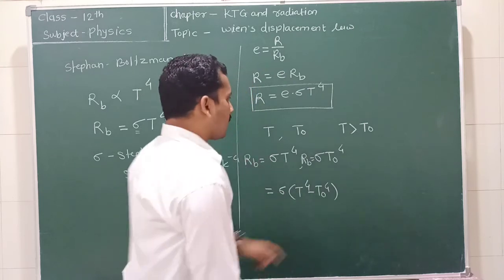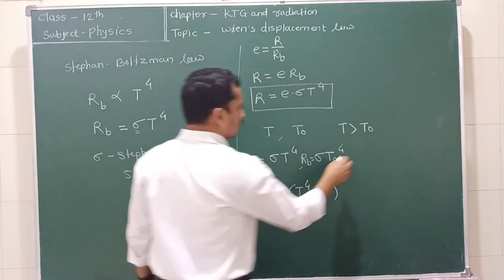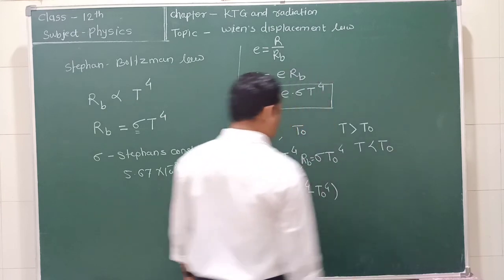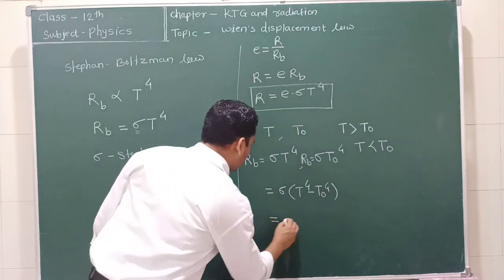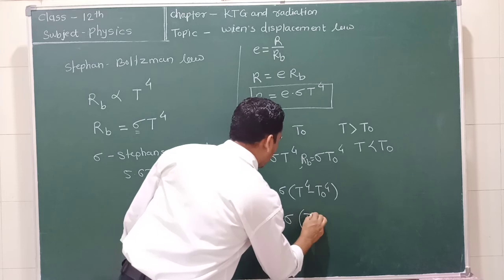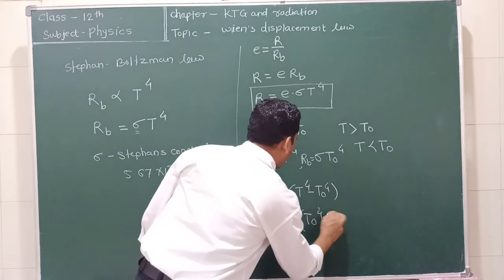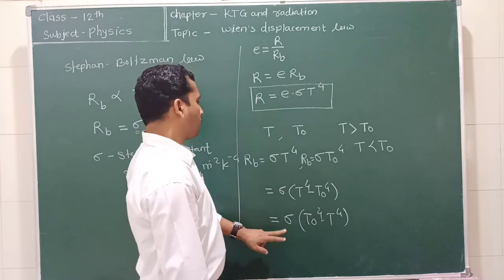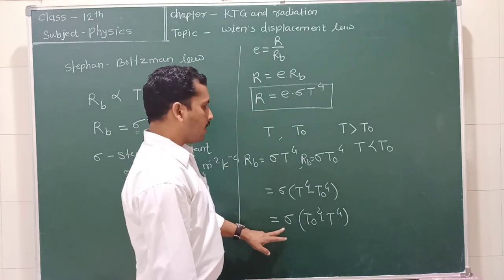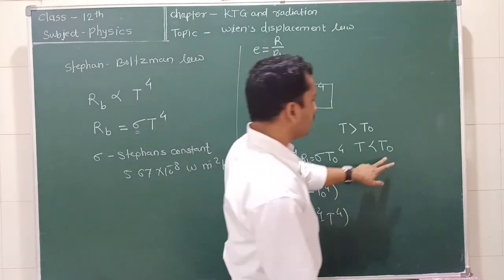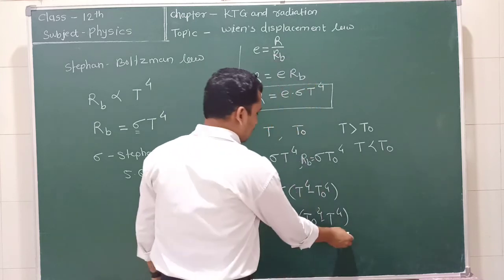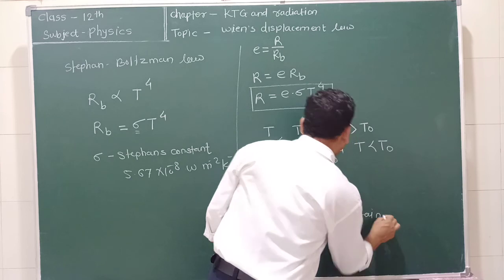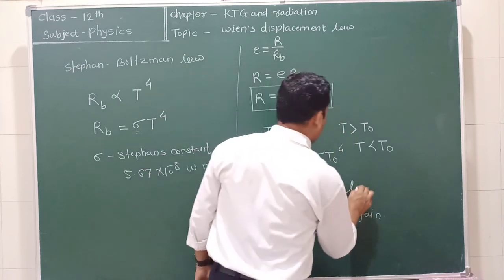If T is less than T0, then the equation becomes sigma into T0 to the power 4 minus T to the power 4. This is the relation when the temperature of the surrounding is greater than that of the body. In this case, the energy is gained by the perfectly black body, and in the other case, the energy is lost.